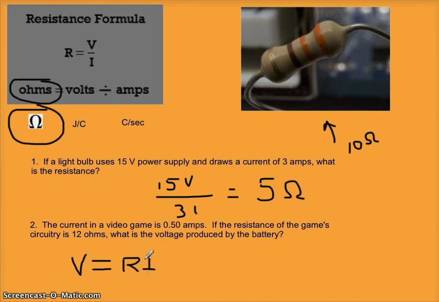I'm really running short on time here, so I will not calculate this out, but resistance is the measurement in ohms, so that would be 12, and the amps is going to be 0.5. Well, we can do this in our head. 0.5 times 12 is going to be 6. So that is going to be 6 volts.